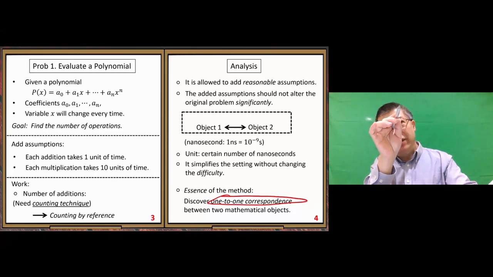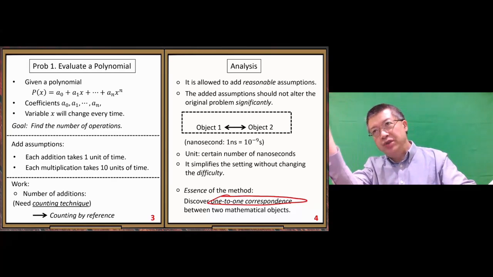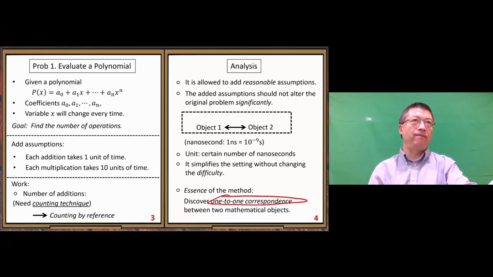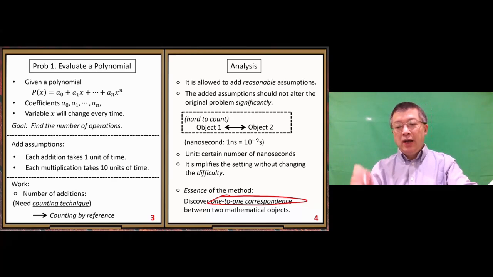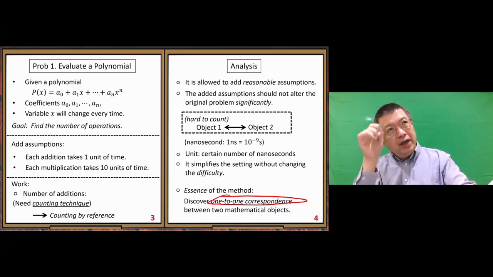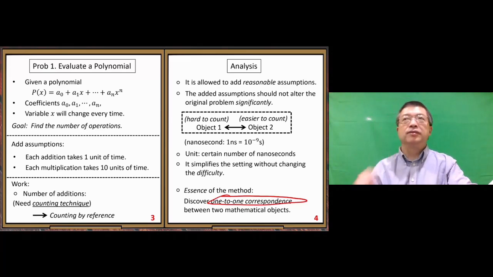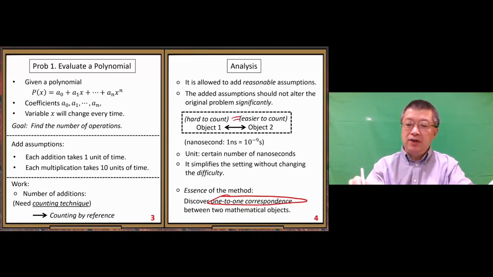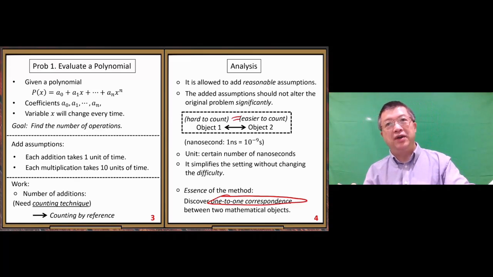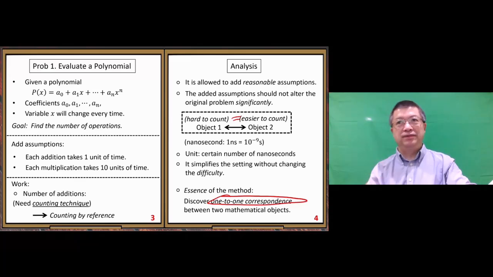One object one element corresponds to one object two element, and so on. It is relatively harder to count the number of elements in object one, but much easier to count the number of elements in object two. Then, because those numbers are equal, you can get your answer easily. That's the whole idea.